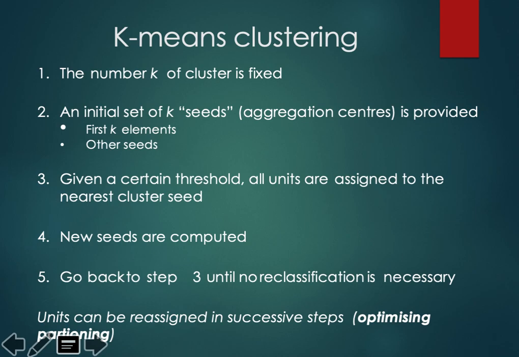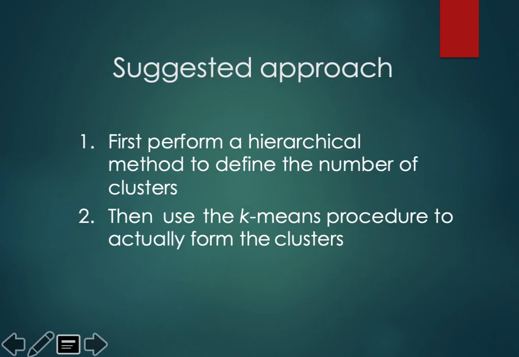Then you go back to the previous step until no reclassification is necessary. Having said that, one suggested approach is that you perform a hierarchy method, define the number of clusters, then use the k-means procedure to actually form the clusters.